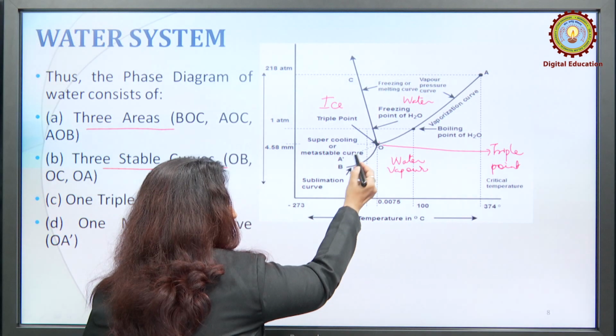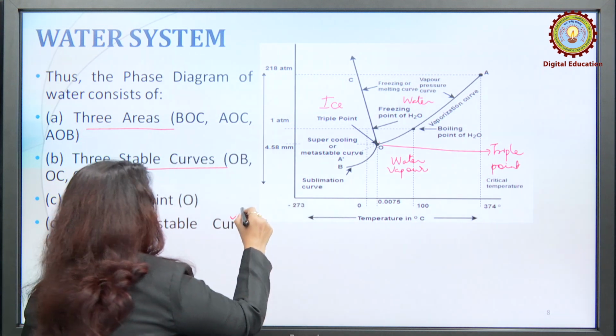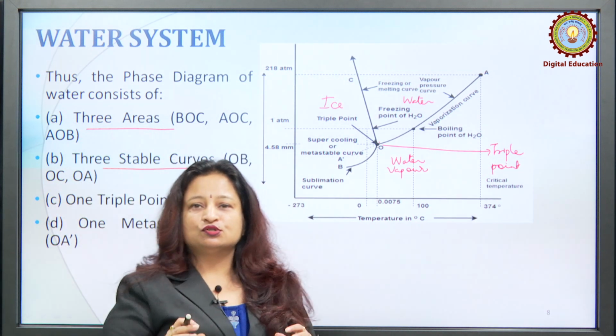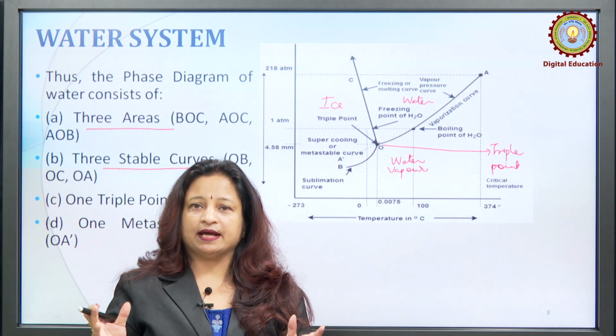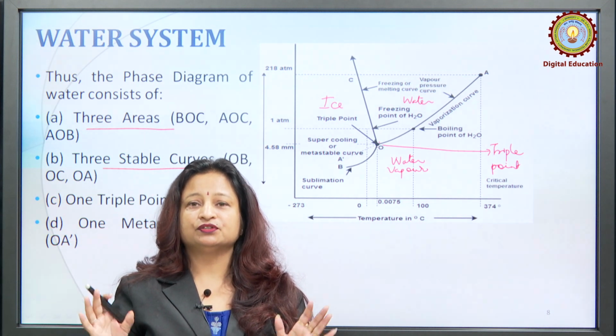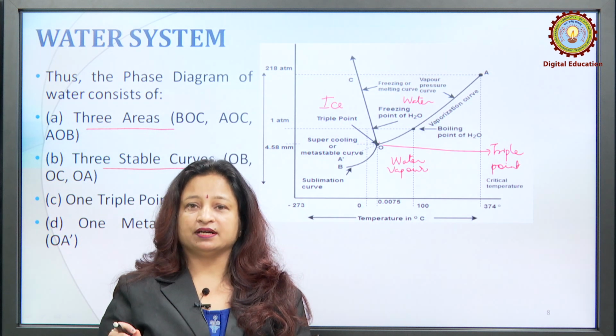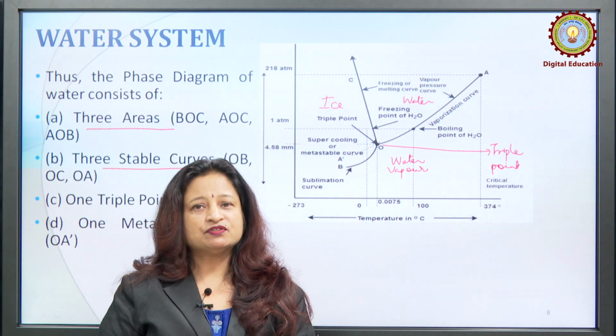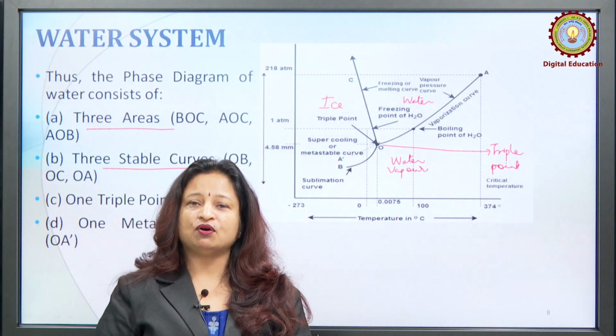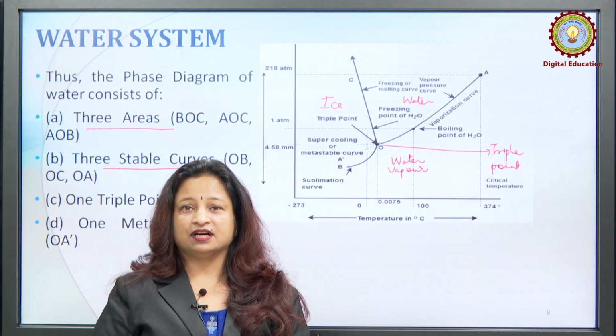This is shown by a dotted line, OA dash. This is the metastable curve, right. So in a broader way you can have a glimpse of this phase diagram. There are 3 areas, 3 stable curves, 1 metastable curve and 1 triple point. We will try to give an explanation of each and every area and the curves along with the triple point.